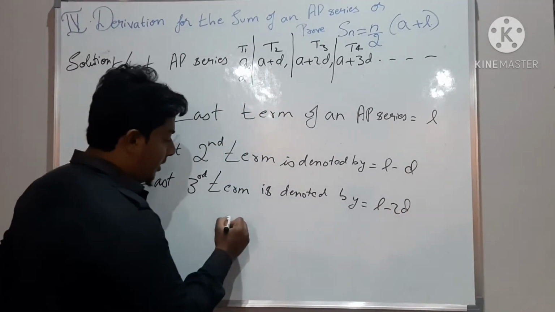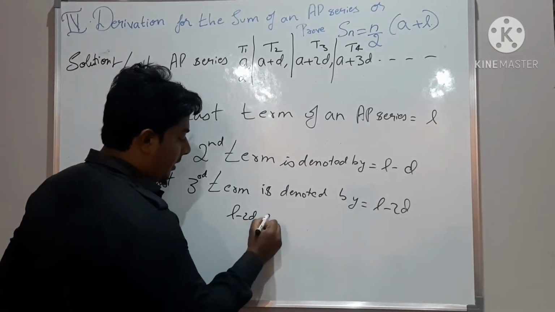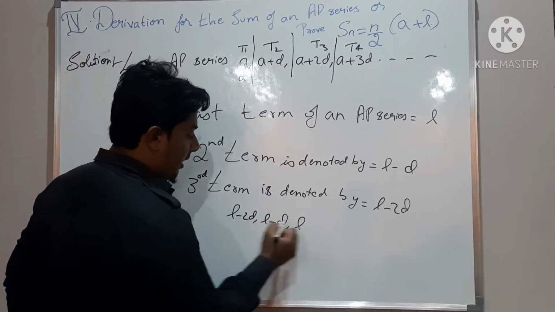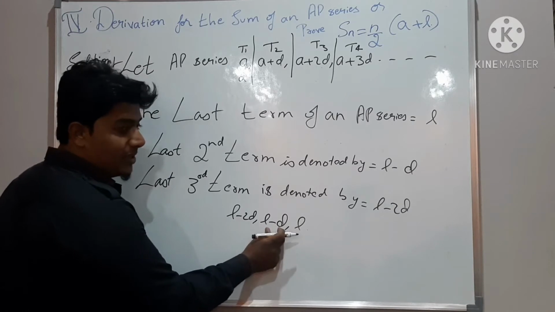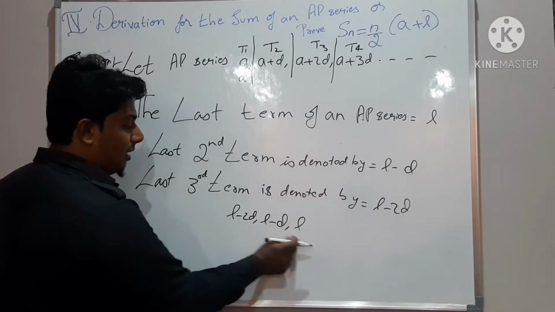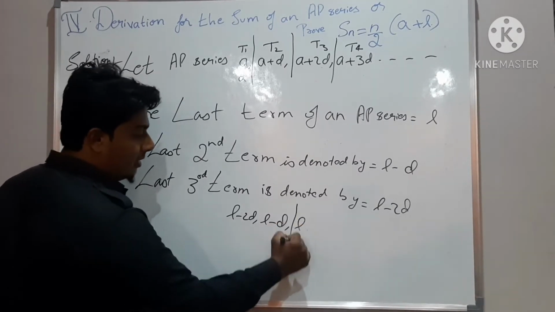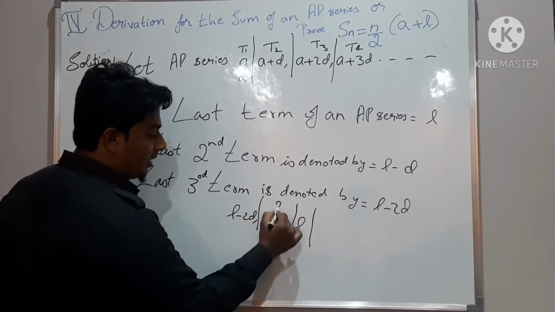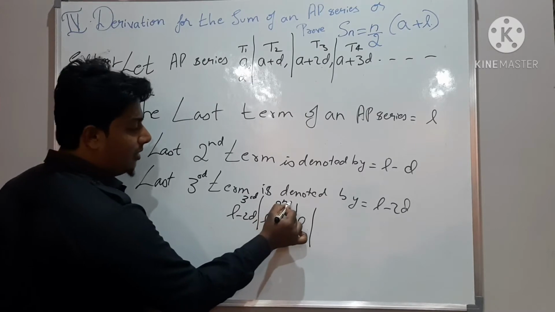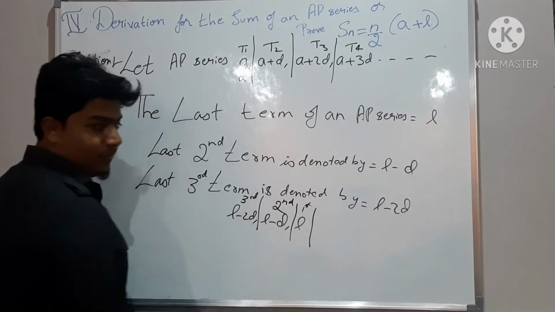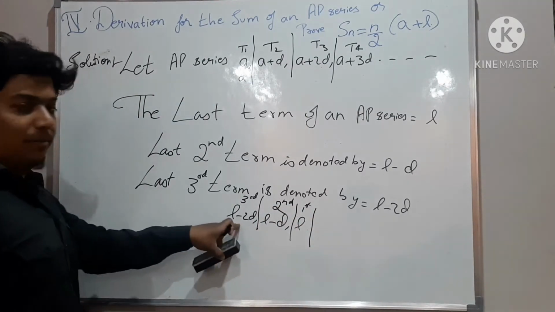So if we consider l minus 2d, l minus d, l minus 2d plus d is l minus d, and l minus d plus d is l. So this is the last term, the last second term, and the last third term: l, l minus d, l minus 2d.